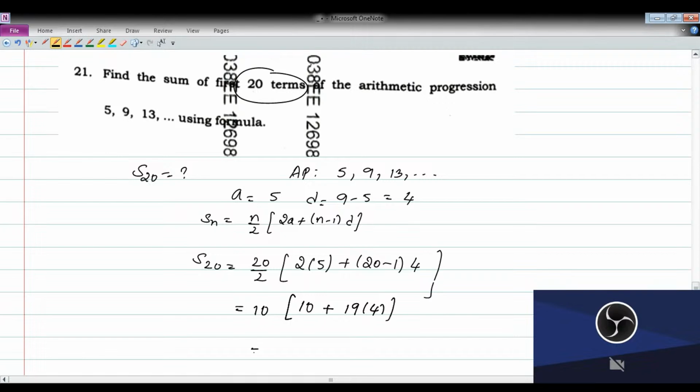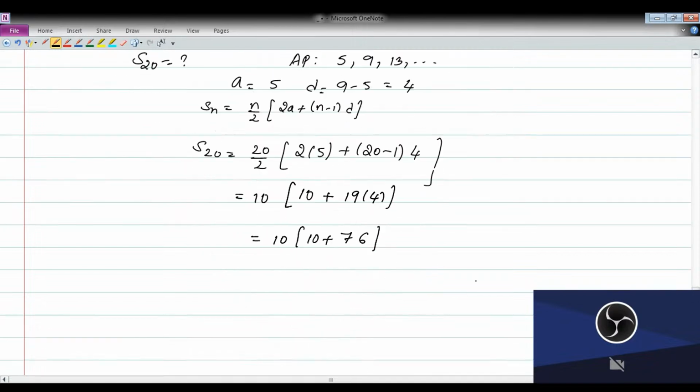On multiplication, it becomes 10 plus 4 nines are 36, 3 remaining, 4 ones are 4 plus 3, 76. So S20 will be equal to 10 into 86, that is equal to 860. 860 is the required answer for the question number 21.